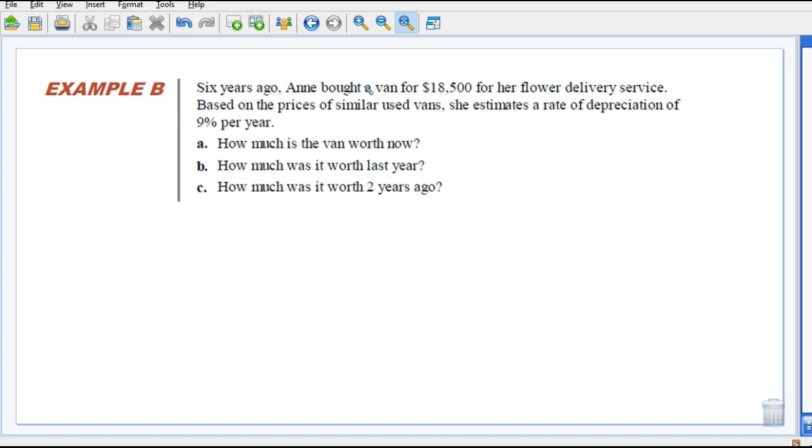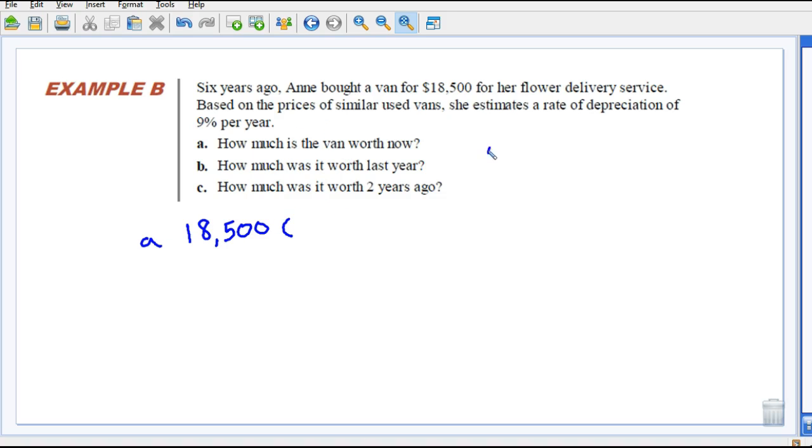Six years ago, Anne bought a van for $18,500 for her flower delivery service. Based on the price of similar used vans, she estimates a rate of depreciation of 9% each year. How much is the van worth now? Alright, so for part A, we are going to take 18,500 and multiply that by something.